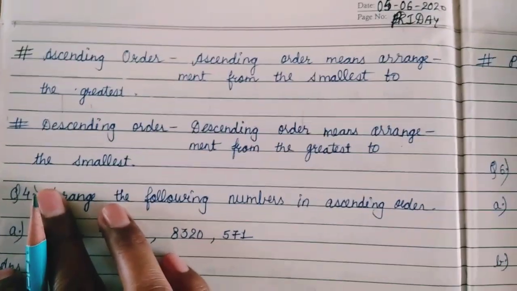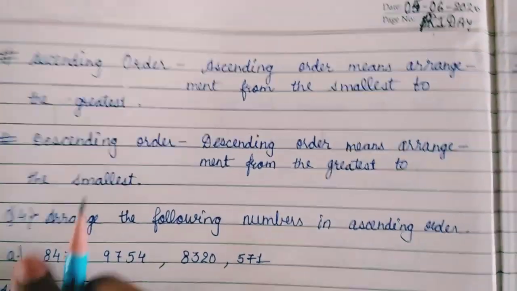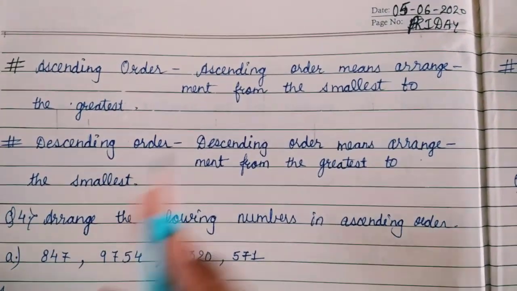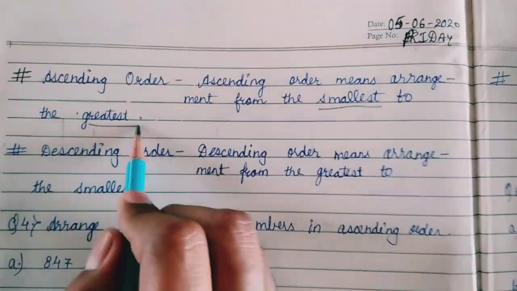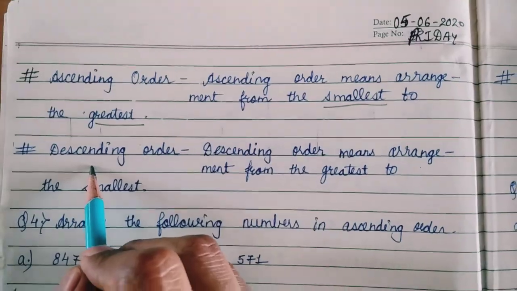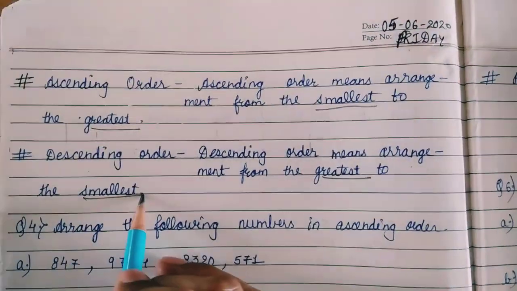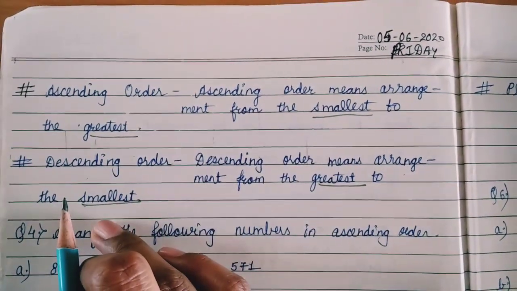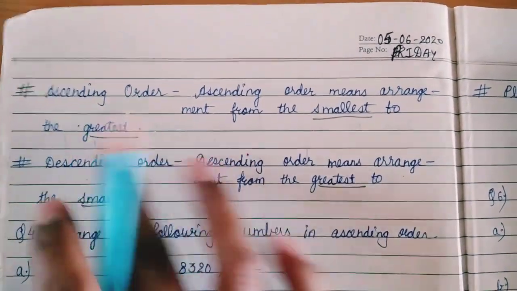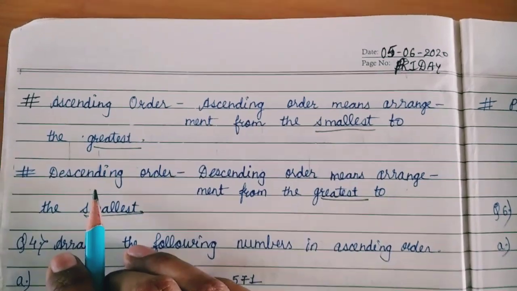Now the next topic is ascending order and descending order. Ascending order means arrangement from smallest to greatest, and descending order means greatest to smallest. Small to big, big to small. Okay, small to big in ascending and big to small in descending.